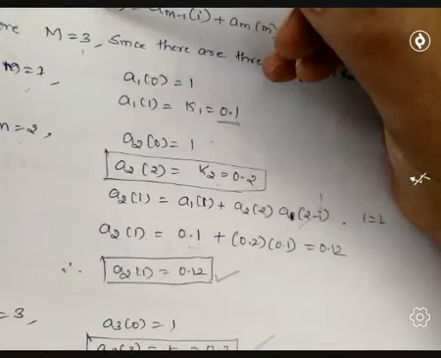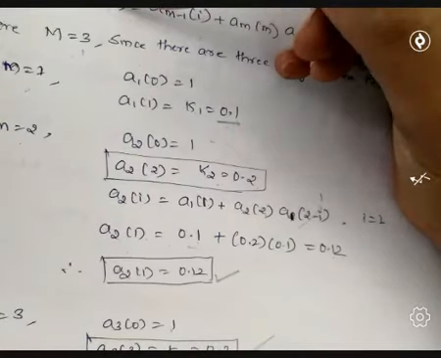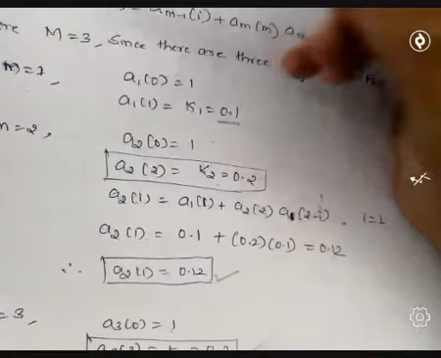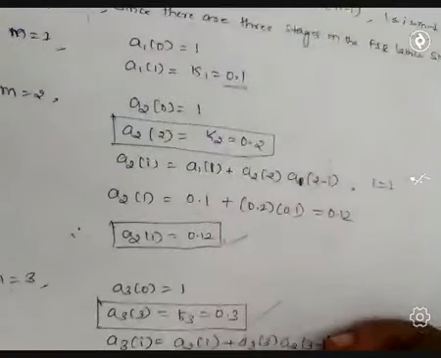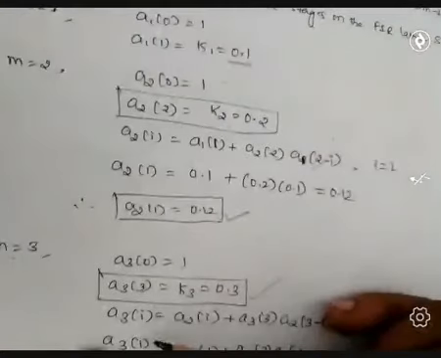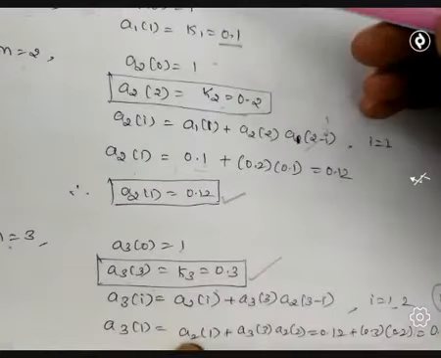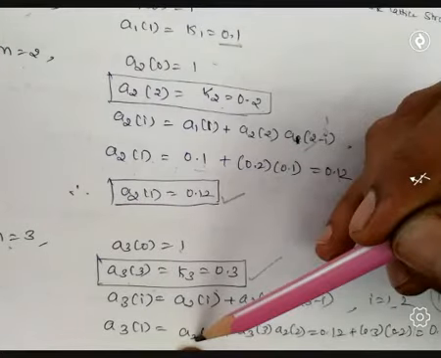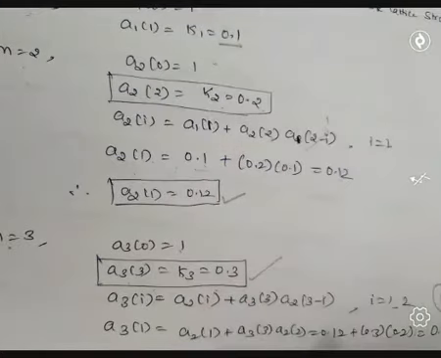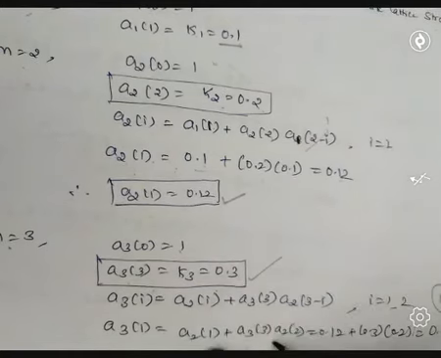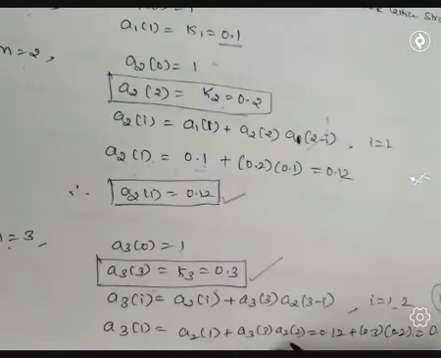A3 of 1. Next, AM minus 1 of I is there. So this becomes A2 of 1 plus AM of M, which is A3 of 3, multiplied by AM minus 1 of M minus I, which becomes A2 of 2.